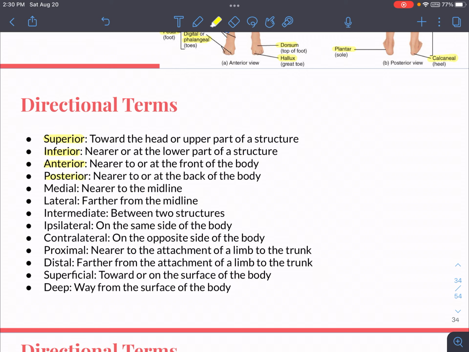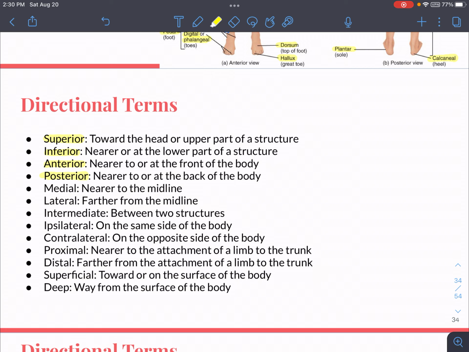Posterior is towards the back of the body. Like the popliteal region, the back of the knee, is posterior to the patellar region. So posterior is the back part of the body. So popliteal, back of the knee, is posterior to the patellar, the front of the knee.